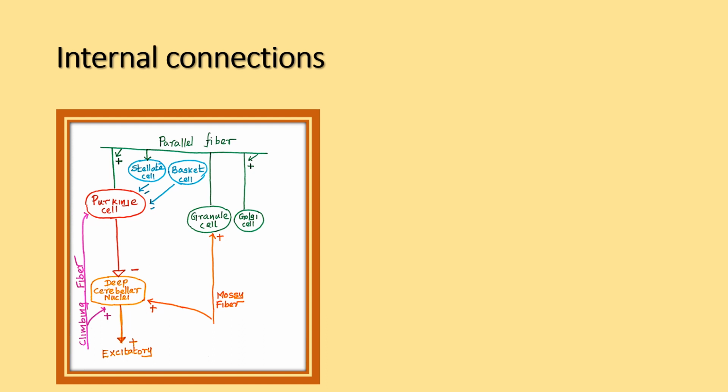Internal connections of the cerebellum. The mossy fiber receives impulses from many sources: the sensory impulses from all over the body, the cerebral cortex and the pontine nuclei. The mossy fiber stimulates the granule cells at the glomeruli.